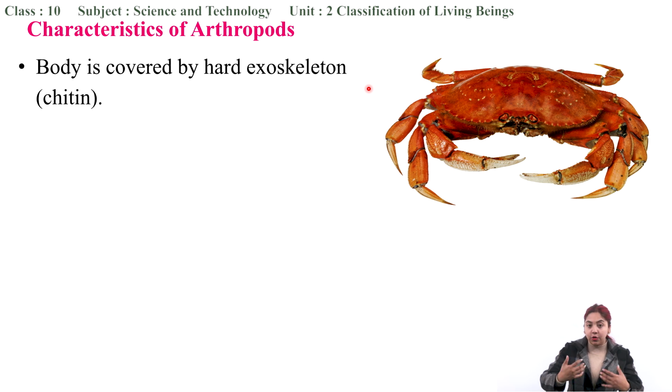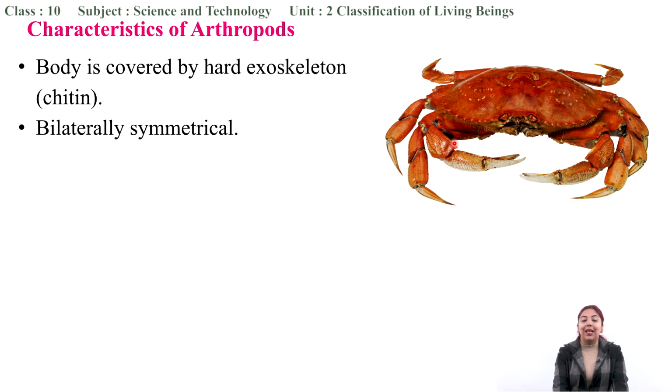Now in case of human beings, we have the skeleton inside our body, so we have endoskeleton. Endo means inside. So the skeleton in our body is present inside. But in the case of arthropods, they have exoskeleton. That is, the skeleton is present outside their body, and that skeleton is made up of chitin.